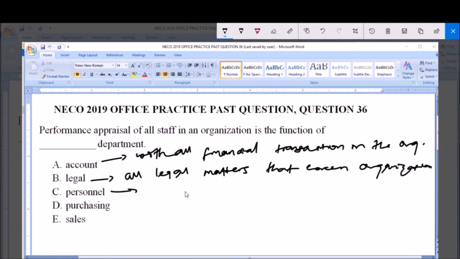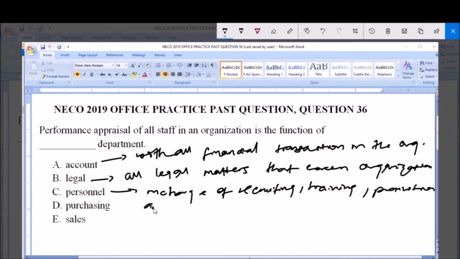Now personnel department is the department in charge of recruiting, training, promotion, and dismissal of employees in an organization, and it also takes charge of all staff matters.